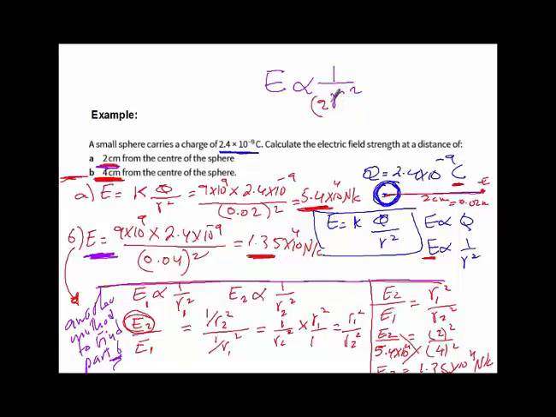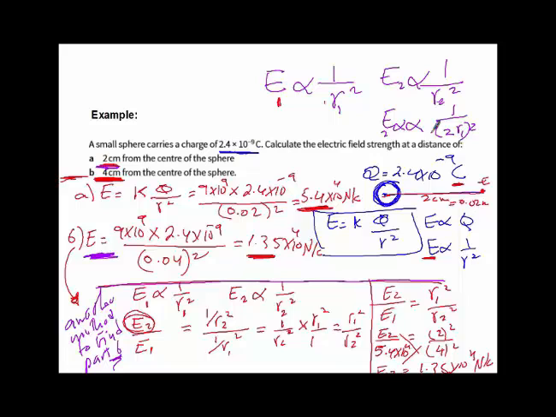Let's go back. E is proportional to 1 over R squared; that one was E1. Our E2 should be proportional to 1 over R2 squared, and our R2 was double of R1. So E2 is 1 over double R1, whole squared. This will give us 1 over 4 R1 squared.